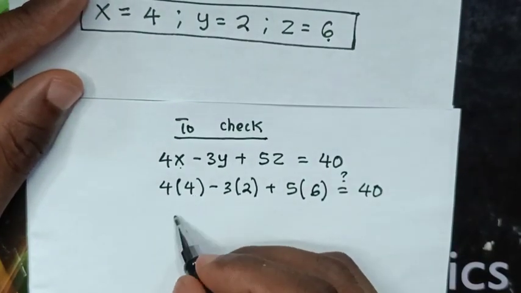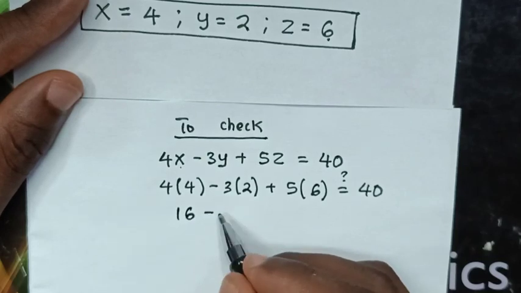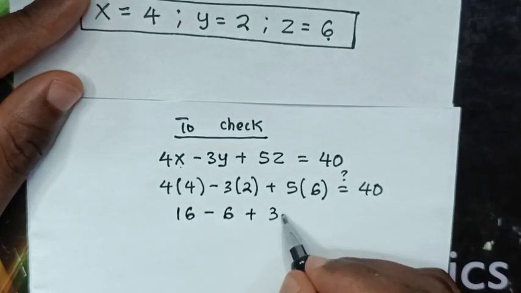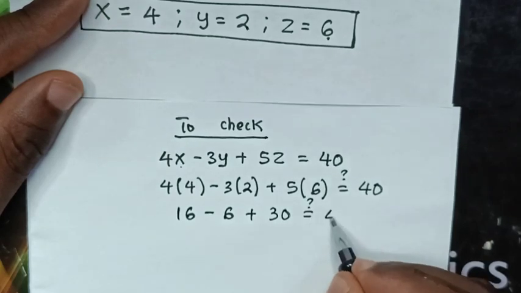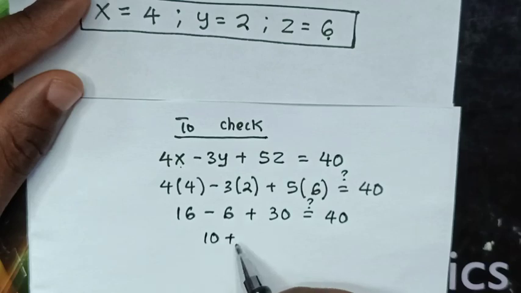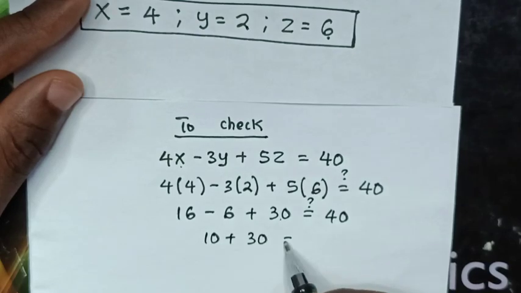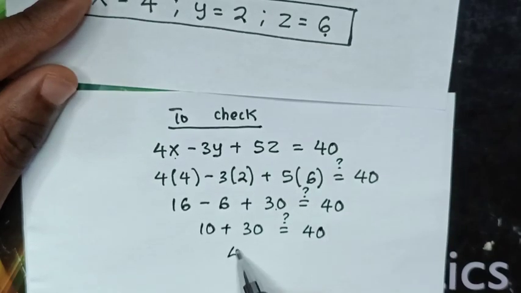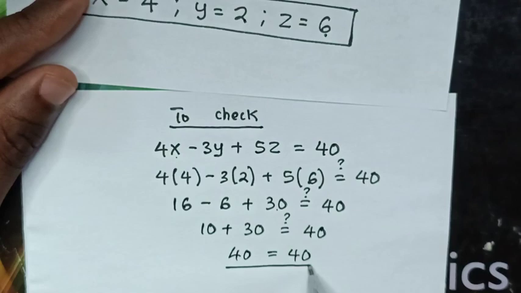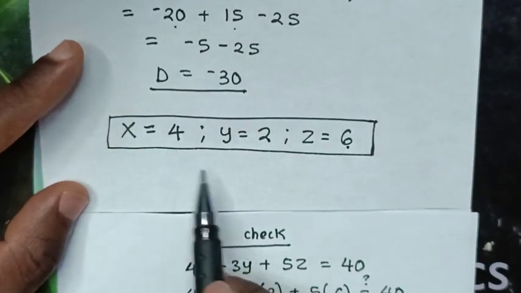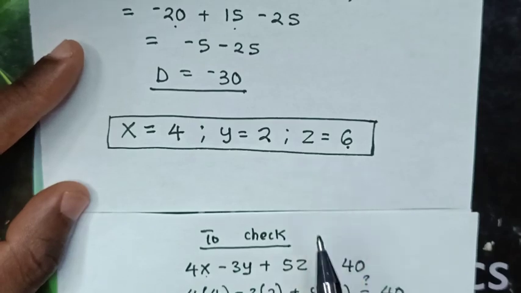So 4 times 4 is 16, minus 3 times 2 is 6, then plus 5 times 6 is 30, is it equal to 40. Then 16 minus 6 is 10 plus 30, is it equal to 40. 10 plus 30 is 40, which is equal to 40. So left side and right side are equal. Then it's true for the value of x, y, and z.